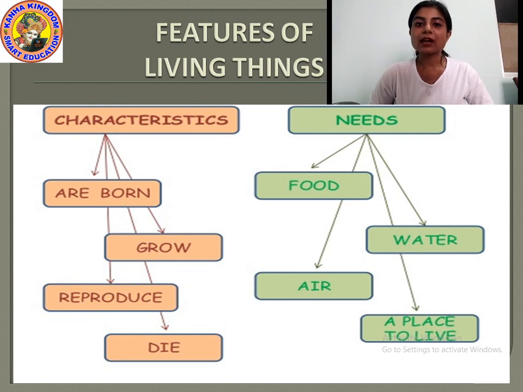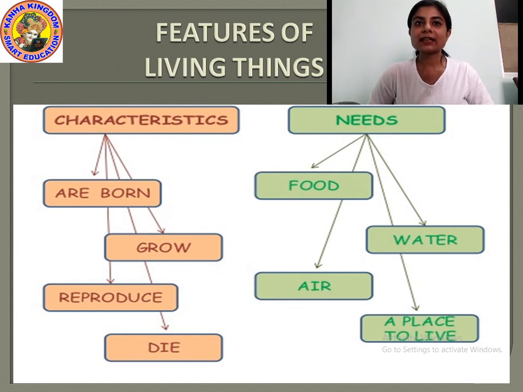And what are the needs of living things? What do living things need to live? Living things need food, water and air to live, and they also need a place to live.